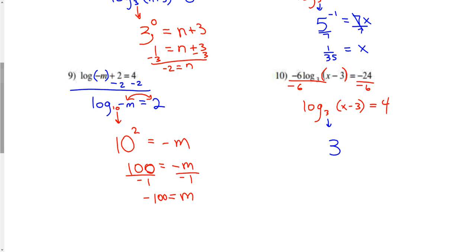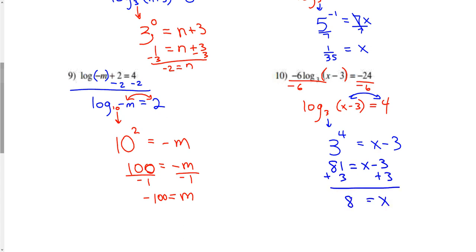So this becomes the 3, and these two things switch. So this becomes the exponent, and then I have x minus 3. 3 to the fourth is 81. So I just add 3 to both sides. So x equals 84.